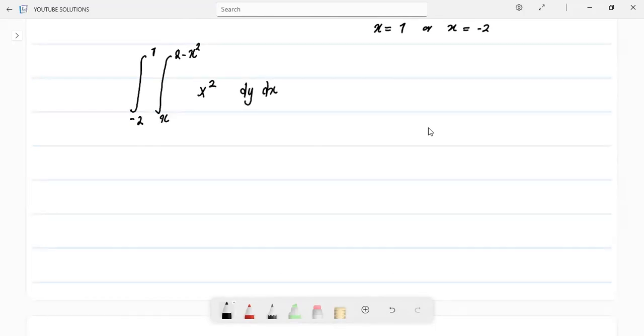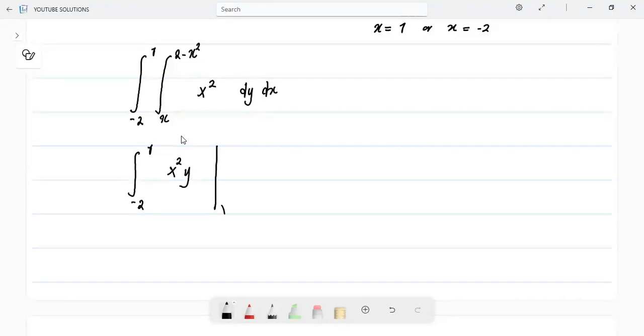Okay, then let us integrate this with respect to y. So we're going to treat x as a constant. So this will be x squared y, because the integral of a constant just adds the variable we're integrating with respect to.